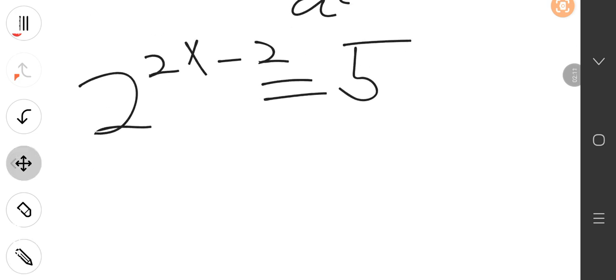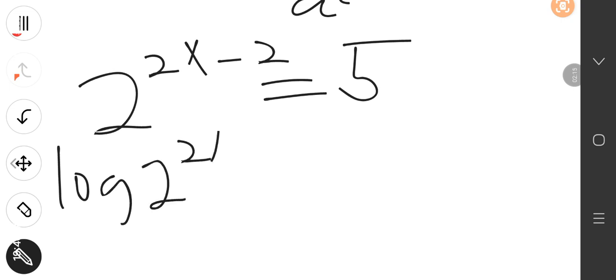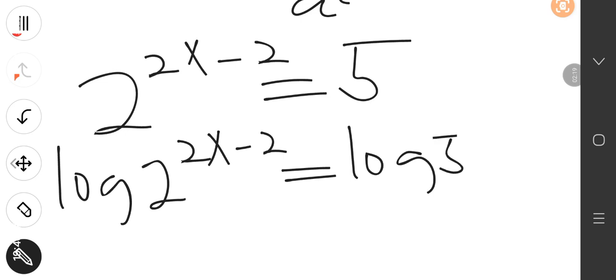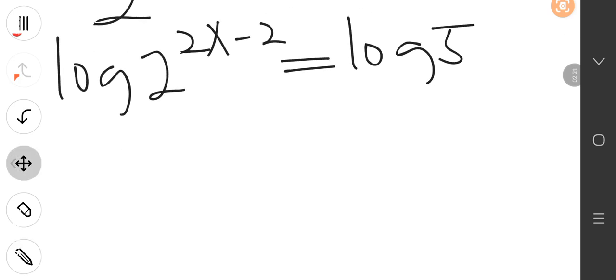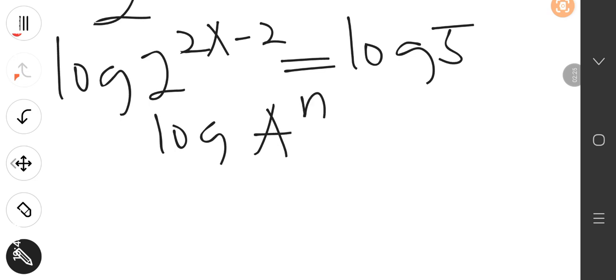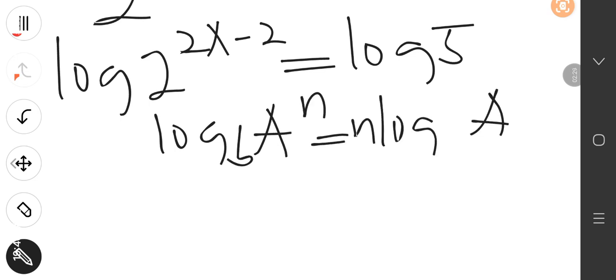Now here we're going to apply logarithm. So we say log of 2^(2x minus 2) equals log 5. Now let's apply the logarithm rule. So log of a^n base b equals n log a base b.